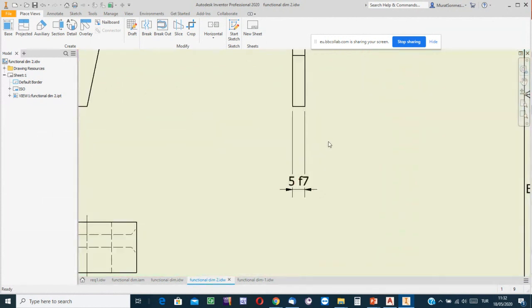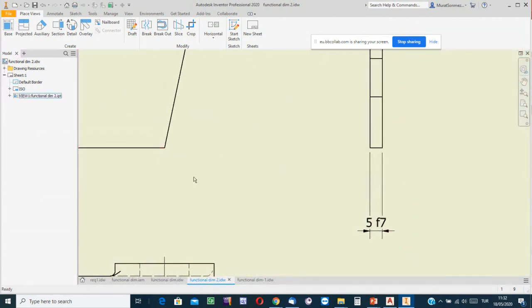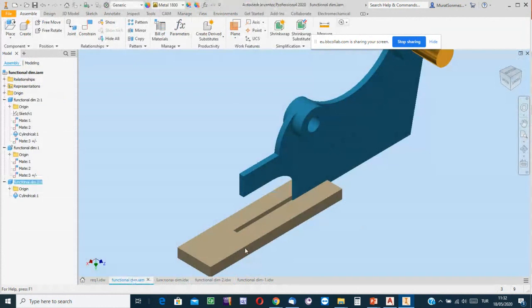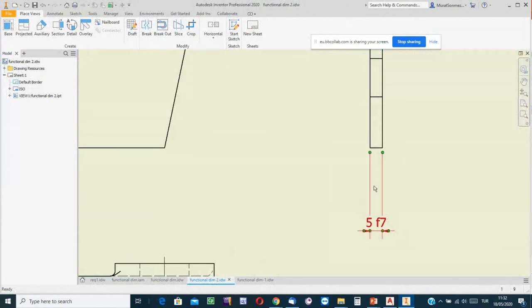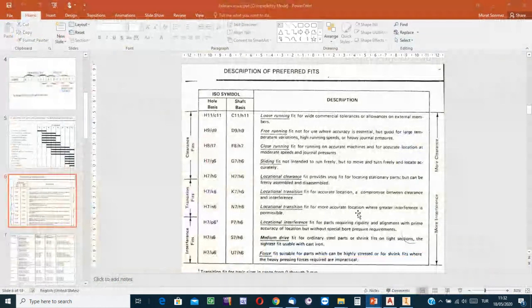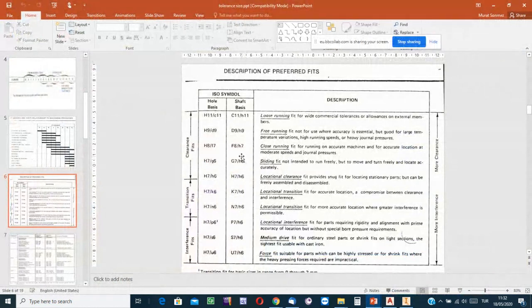you see the dimension for the edge of the blue part. You see the edge of the blue part is a functional feature, so it is a functional dimension. Well, F7 is the selected tolerance grade. How is it selected? Well, refocus the attention on this: close running fit.